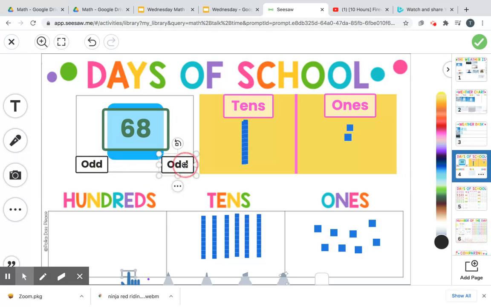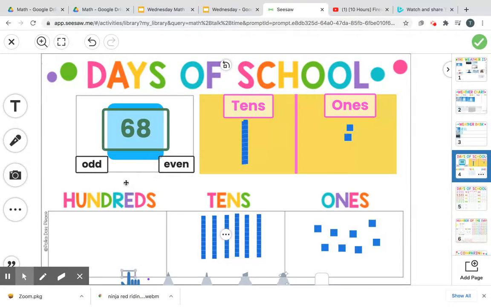Let me just change the word. Even. So we are going to be asking ourselves, make that a little low. We're going to be asking ourselves if our days in school is an odd or even number.